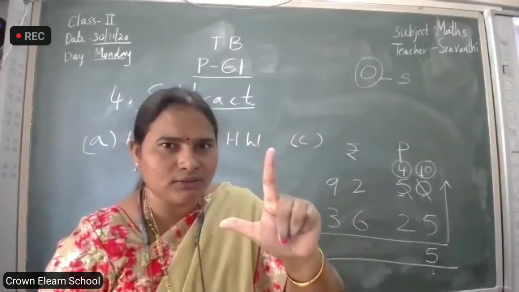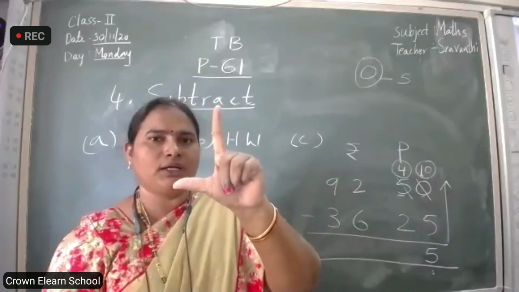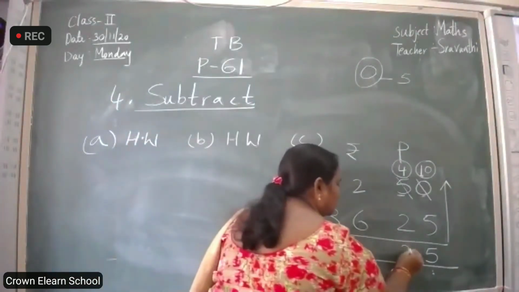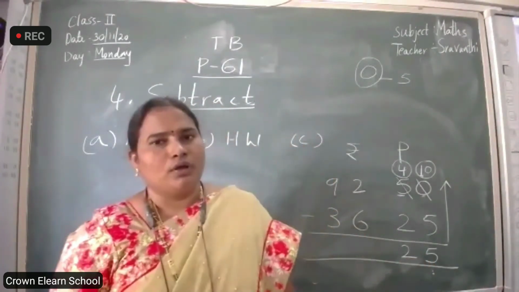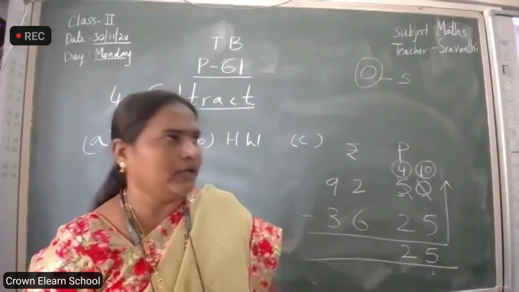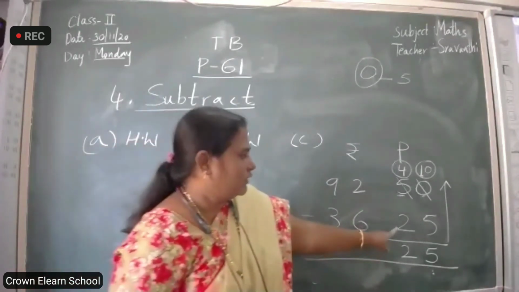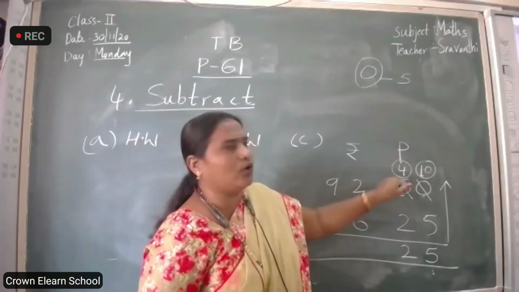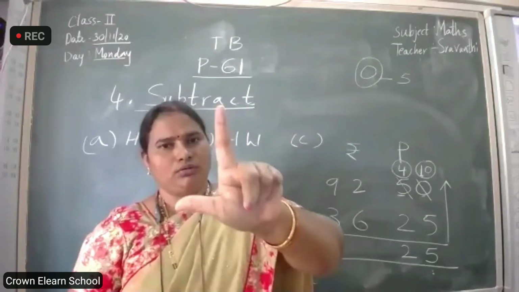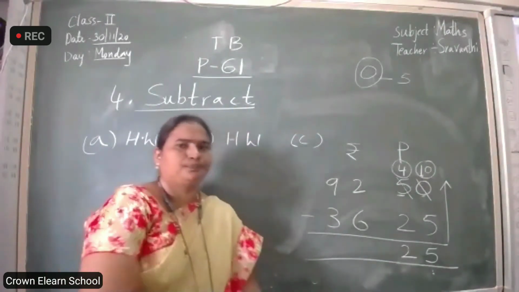What did you get? How many fingers are open? 2 fingers. You know these subtractions you learned in term 1. You can do this. 2 after till you get 4. 3, 4. 2 fingers are open. Let us write here. Okay?